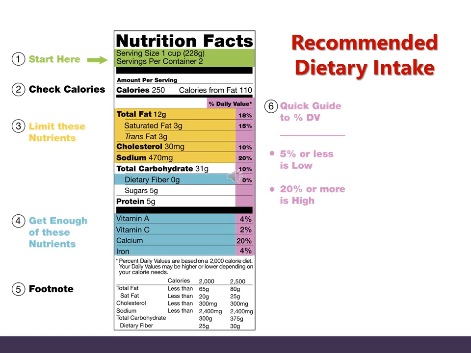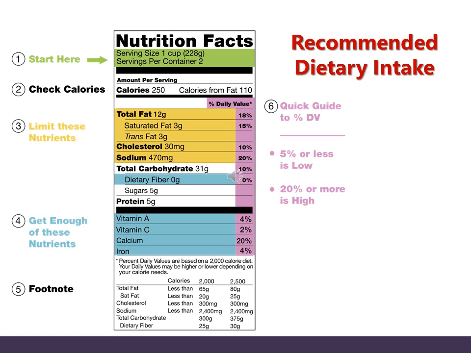Okay, when you go to the opposite side, the pink colored line, we call it DV or daily value. See, total fat is 18%, saturated is 50%, cholesterol is 10%, sodium is 20%. Now, how do you interpret this?